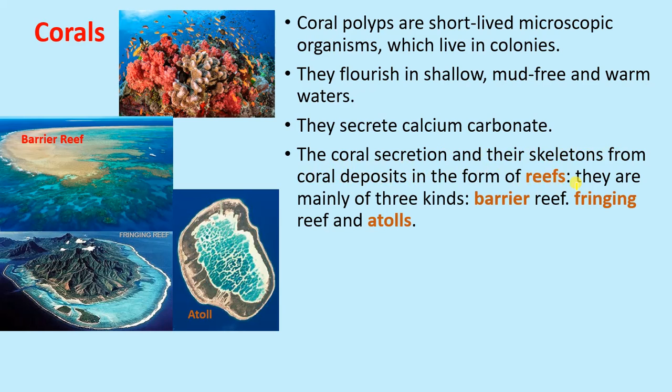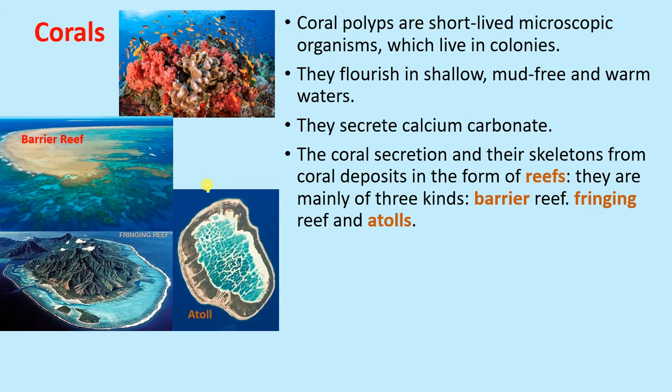These reefs are mainly of three kinds: barrier reef, fringing reefs, and atolls. You can see these different types of reefs created by these corals. Different shapes are created.